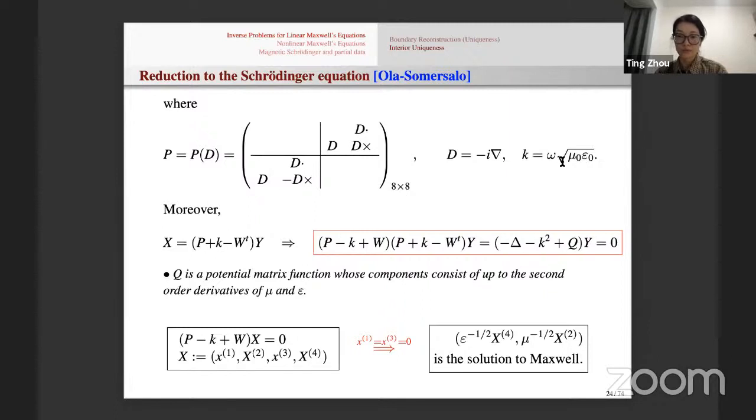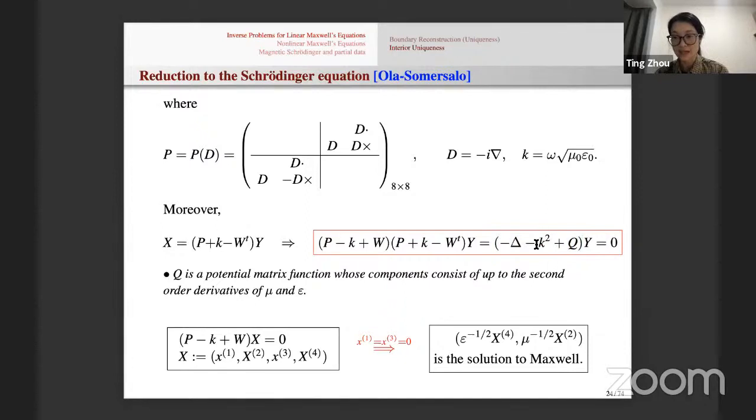K will be the wave number, and W will have the coefficients, the parameters, and the first order derivatives of the parameters. The idea here is that P plus K minus W transpose is roughly speaking a square root of the Schrodinger operator, a matrix Schrodinger operator, of course with non-zero wave number.